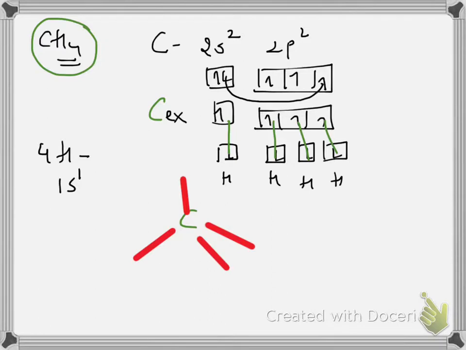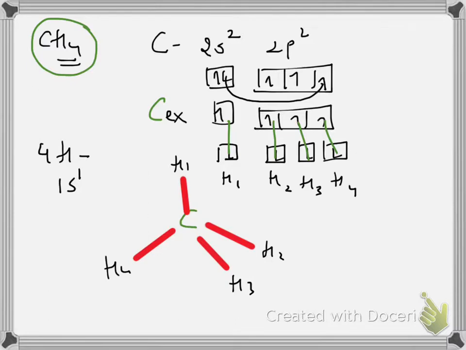If it is numbered H1, H2, H3, H4, with H1, H2 here, H3 here, H4 here, we will get a tetrahedral shape. But here is a problem.